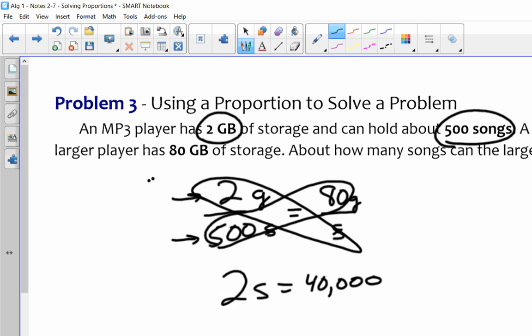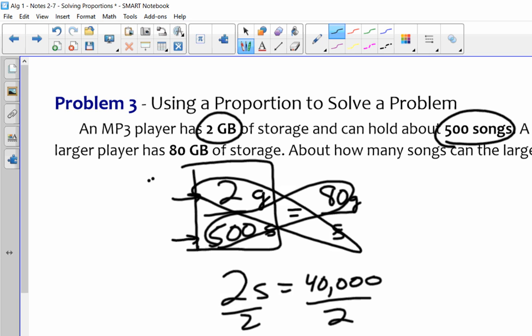Now I can go ahead and divide by 2. And I get the number of songs is 20,000. So that other MP3 player holds many more songs. But when I started with the ratio here, it allows me then to predict how much the other MP3 player will hold.